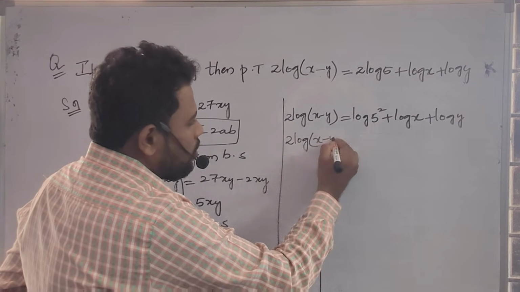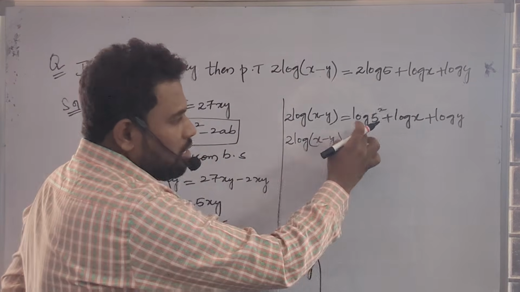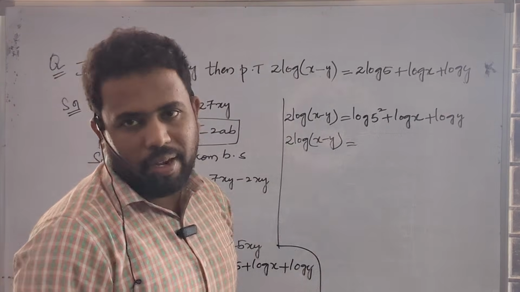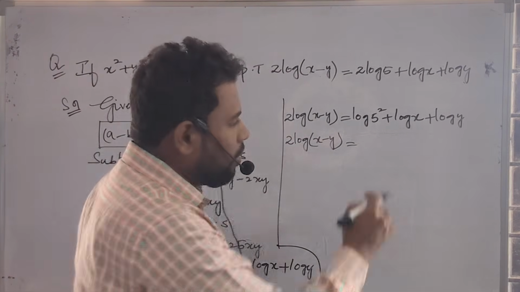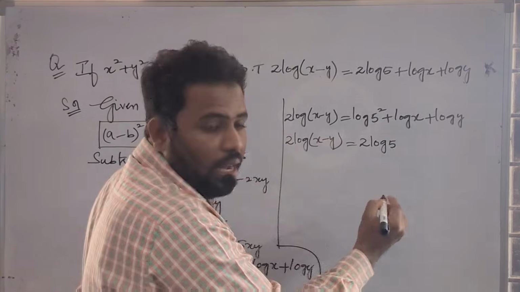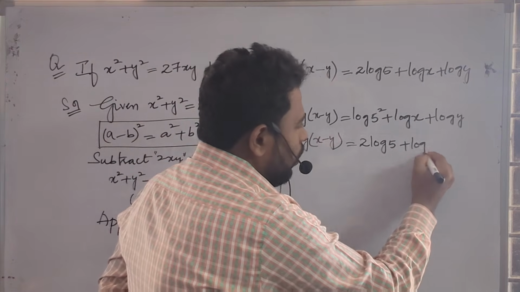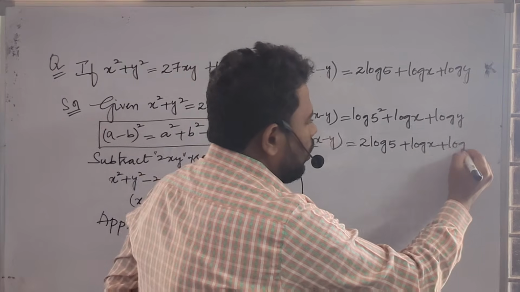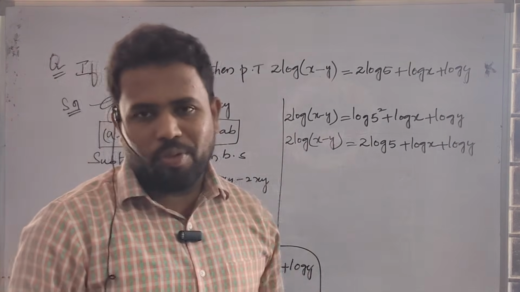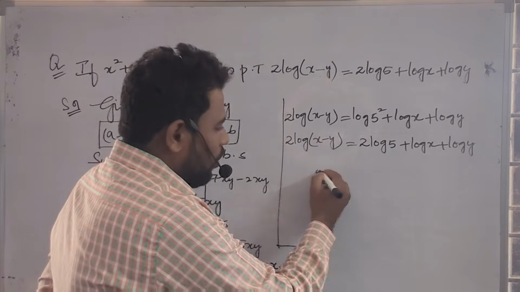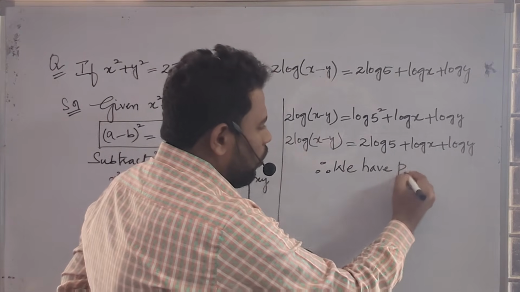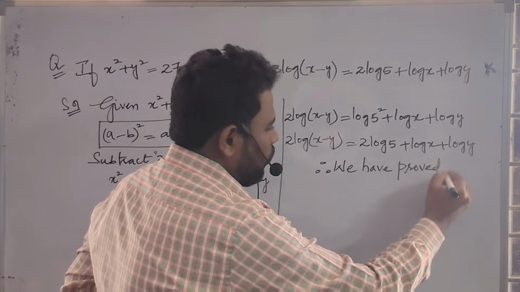Log 5 squared, square is again a power, so we write the power first: 2, then copy the same log. Log 5 plus log x plus log y. So we have proved what exactly we were asked to prove.